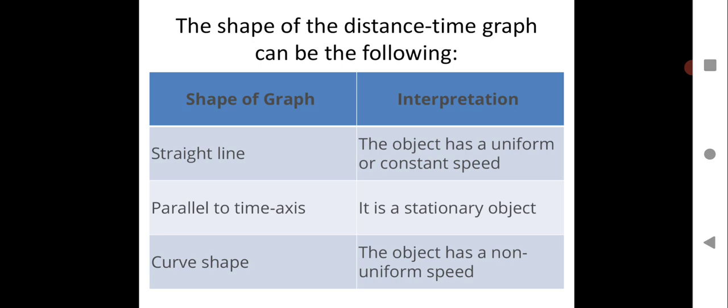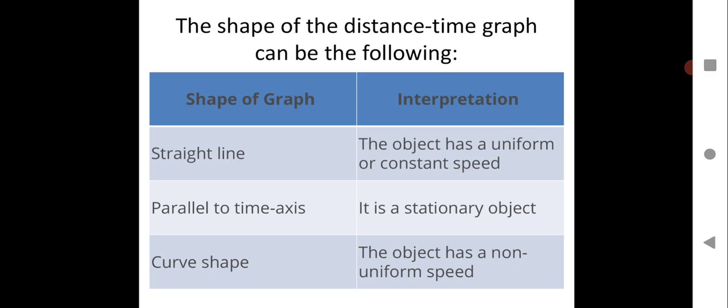The object is not moving, it is not covering any distance. Because it is parallel to the x axis, no time gap is covered, meaning the object is not moving at all. That's why you get the line parallel to the time axis. I hope this is clear with you all, children.